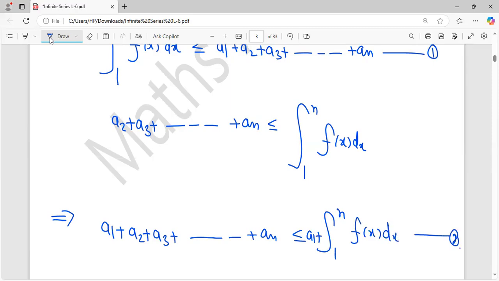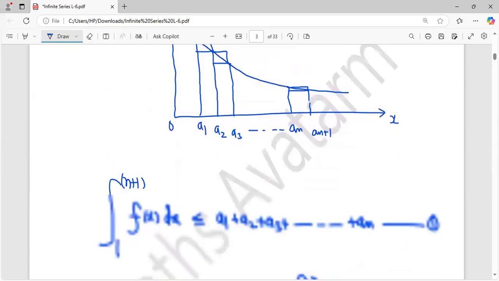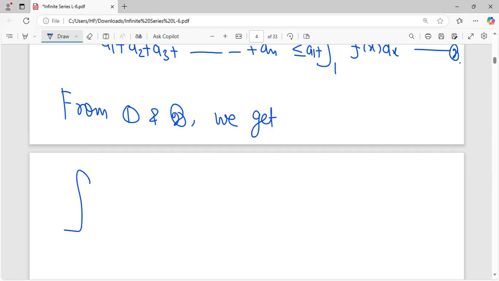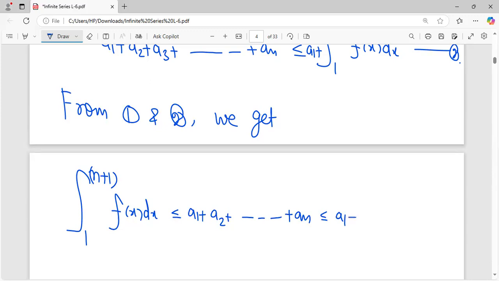So from 1 and 2, what do we get? We have the integral from 1 to n+1 of f(x) dx is less than a1 plus a2 plus up to a_n, and from equation number 2, we have this one.